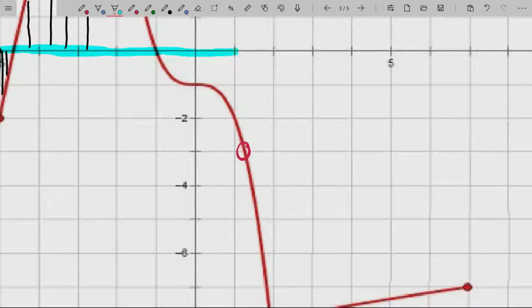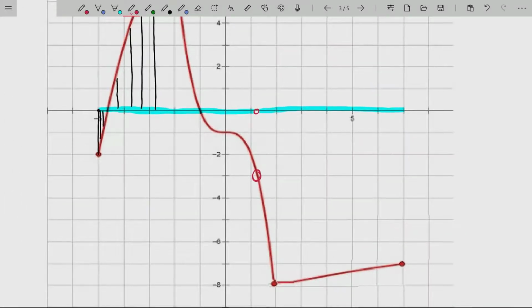So the way you would showcase this in shading is you get really close to the x value associated with that y value. You would skip past it and continue on, and you would have a little hole in your x-axis right there to signify the x values that can be plugged into your function.